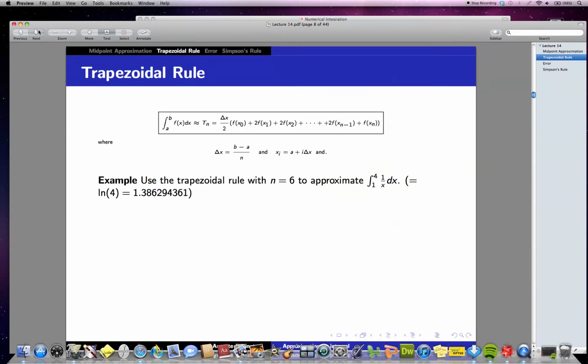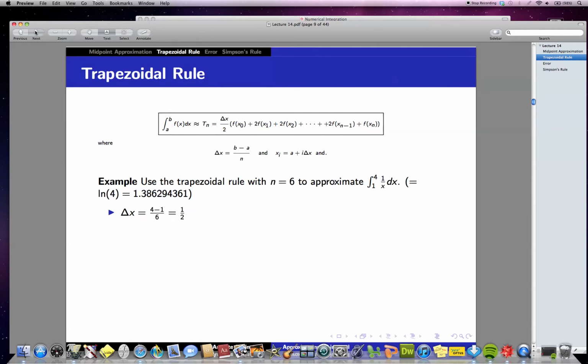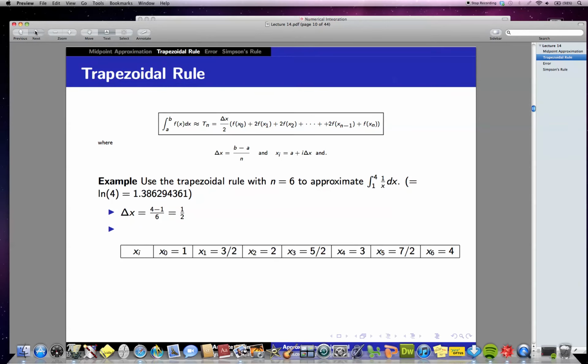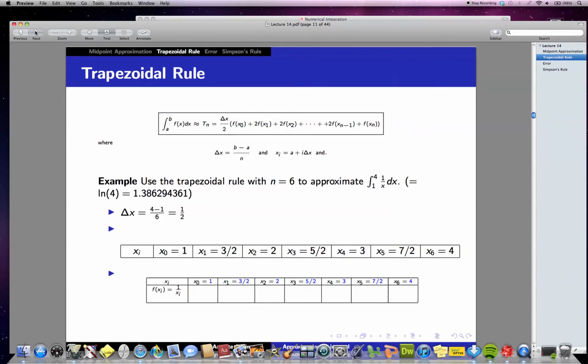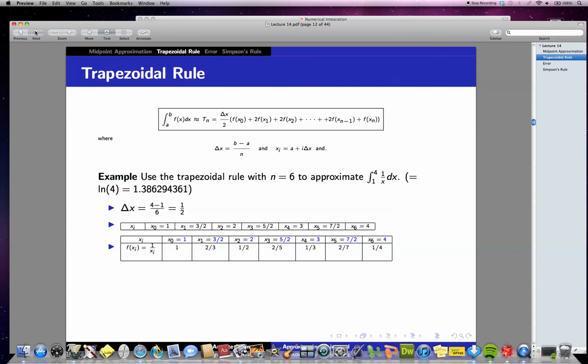So when applying this to, say, the integral from 1 to 4 of 1 over x dx with n equals 6, we first calculate delta x, then we calculate the endpoints of the subintervals, and we calculate f at each of those endpoints, and then we apply our formula.